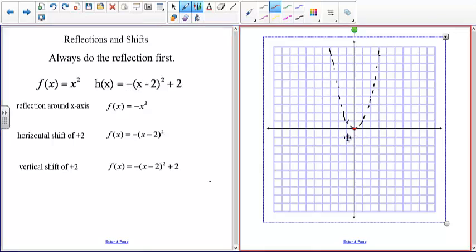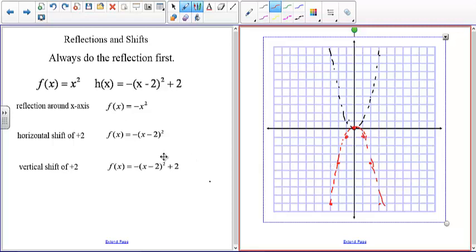You still have the same origin because we haven't translated it anywhere. But instead of going over 1 up 1, we go over 1 down 1, over 2 down 4, and then over 3 and down 9. So you can see, relative to the origin, everything's a mirror image. We get something that looks like that. So that's the reflection part.